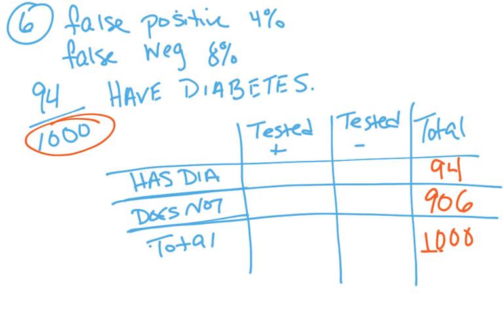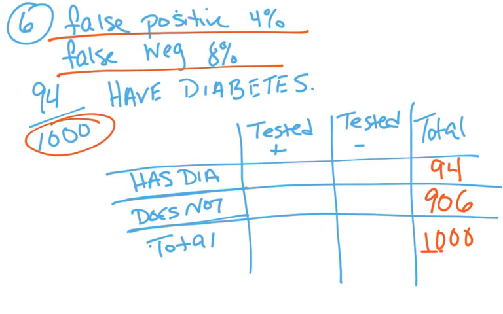So that would be the easiest place to start, to get these totals in. Once you have these totals that I have in red, then you can move to the false negative and false positive rates to figure out the other values. Let's do this in green.